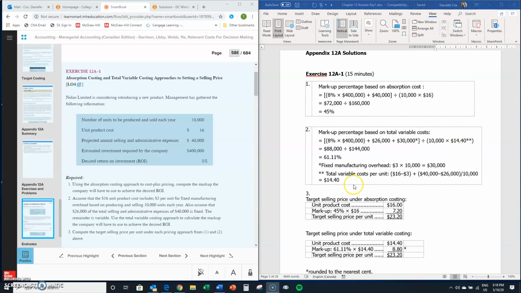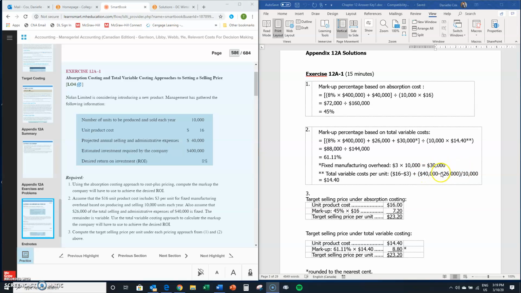So now to get the variable cost of that 16, 3 was fixed, so that means we know the remaining 13. So 16 minus 3, which is 13, is variable. And of that 40,000, we know 26 was fixed, so the remainder is variable. We divide it by 10,000 units because the 16 was given as a unit cost.